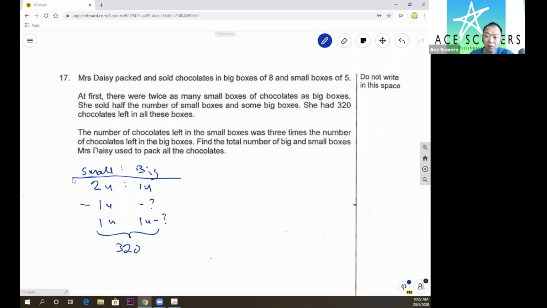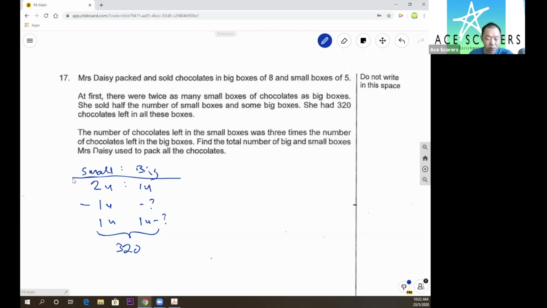Each small box has 5, each big box has 8. Find the total number of big and small boxes Mrs. Daisy used to pack all the chocolates.